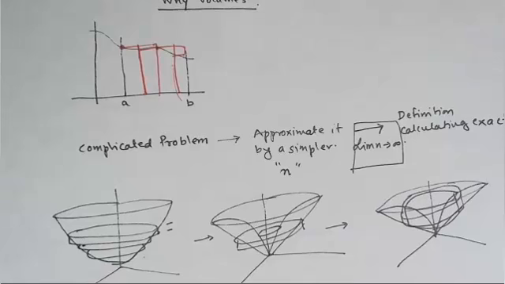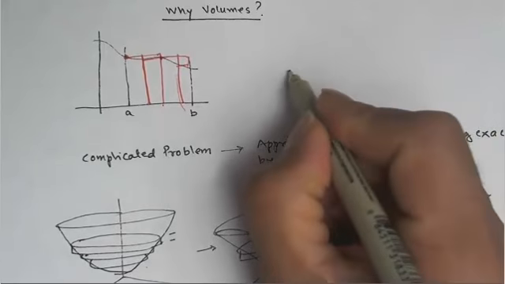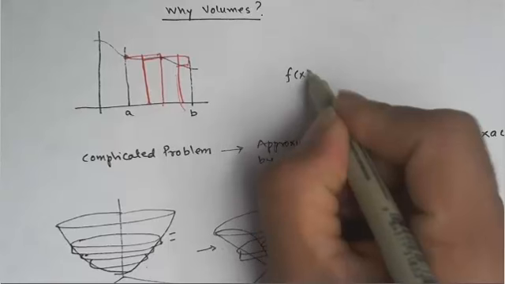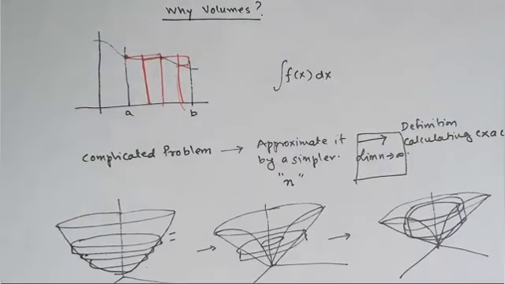There's a second reason why volumes of rotation are interesting. So if you think about it, what you've learned in 115 so far is basically single variable calculus. So given a function f of a single variable, you can do things like calculate the integral of f of x.